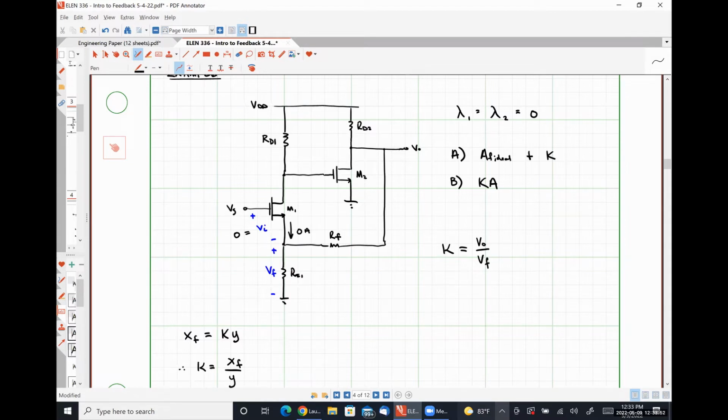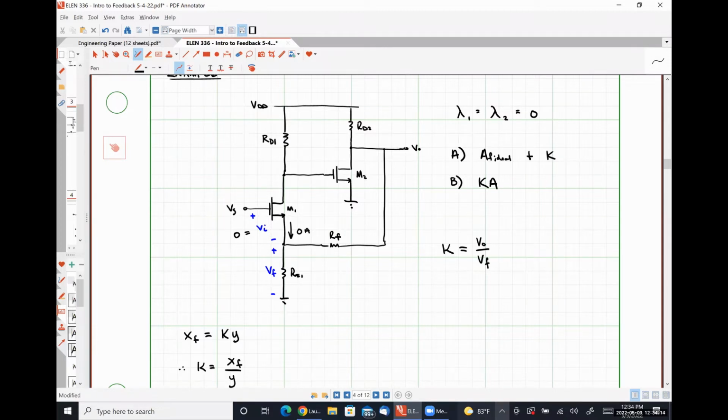So how we are going to determine this is effectively by looking at this guy and seeing what happens, okay? So V naught is the voltage drop over this resistor RF plus the voltage drop over this resistor RS1, right?